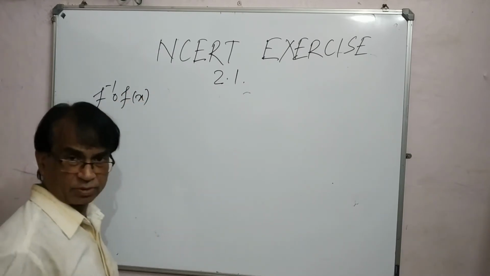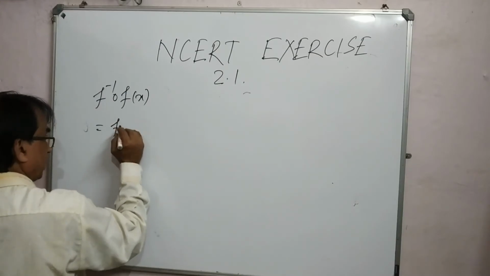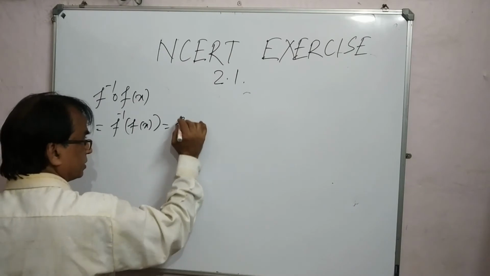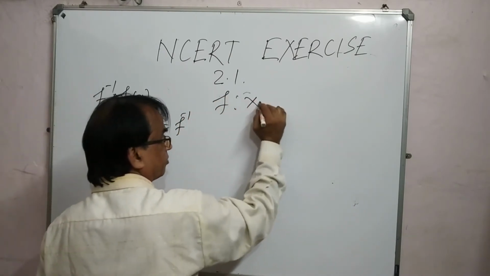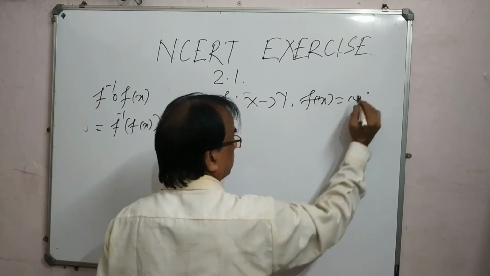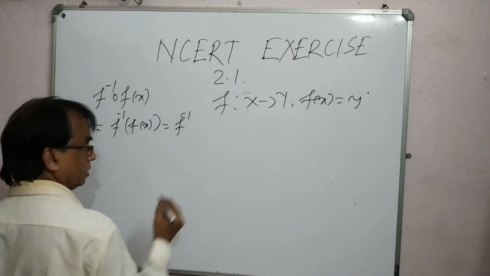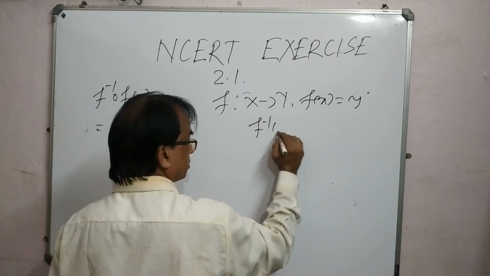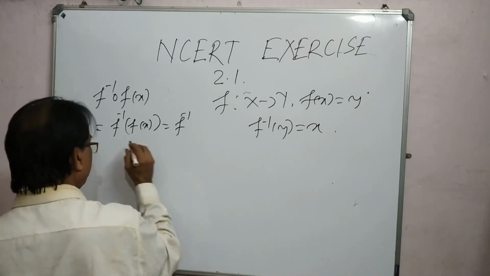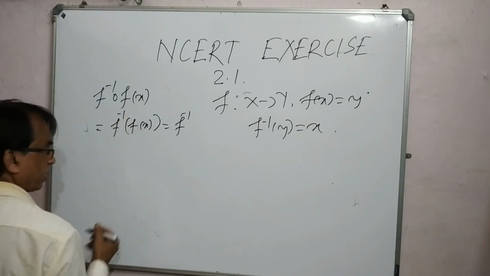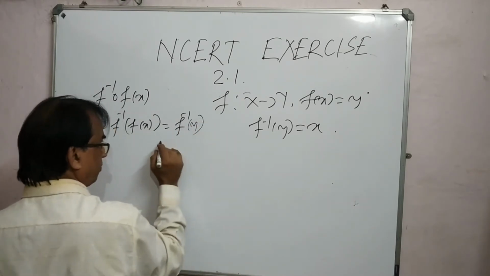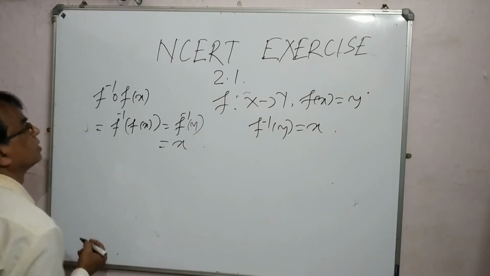From the first chapter we have studied that if f is a function from x to y, then f of x is equal to y and f inverse of y is equal to x. Now what you find here, f inverse of f of x, and f of x is equal to y, so f inverse y is equal to x.